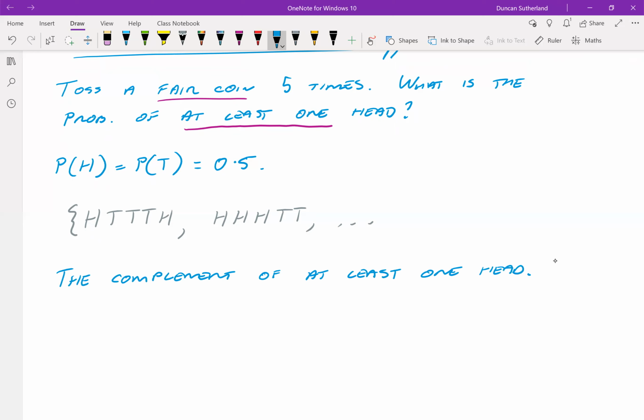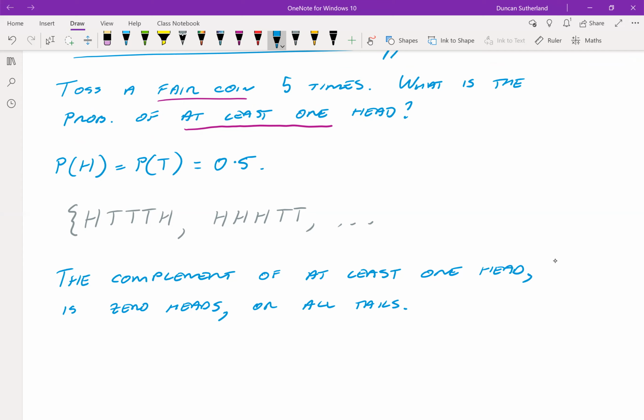The complement of at least one head is 0 heads, or all tails. Now, it's actually pretty easy to figure out the probability of all tails. Each toss is independent, so we can multiply all the different probabilities together.